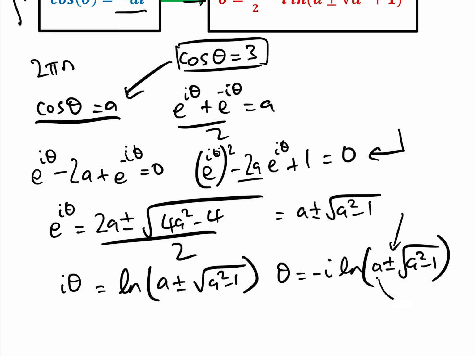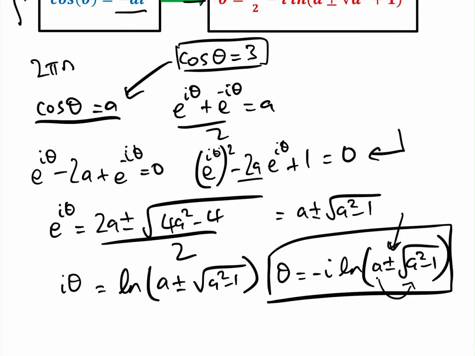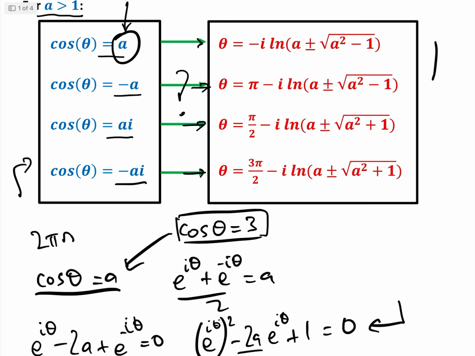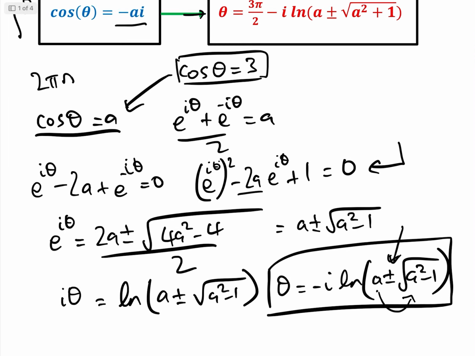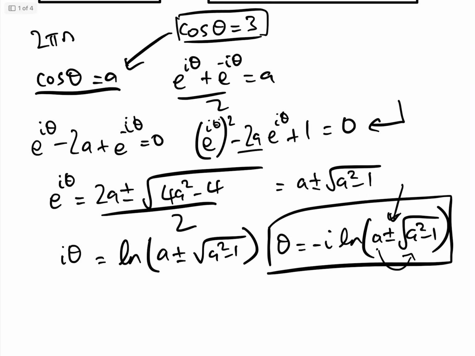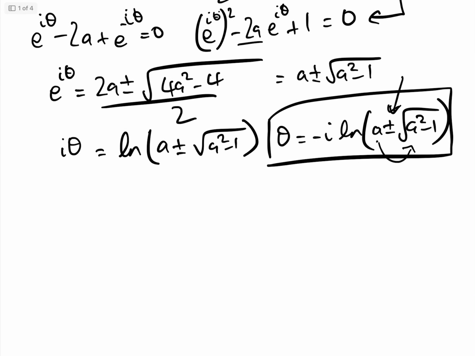Remember, because a is always greater than the square root of a squared minus 1, we don't have any complications on this one like we will do later on, and so these are our two solutions here. So as we can see here, that's one.